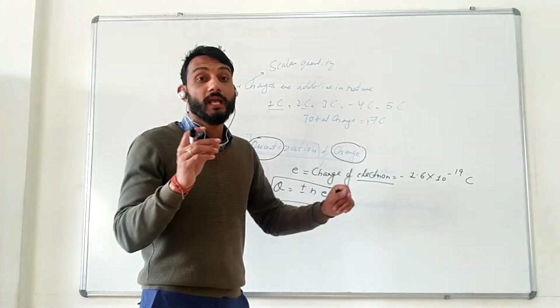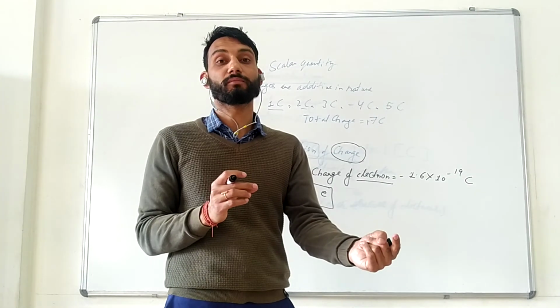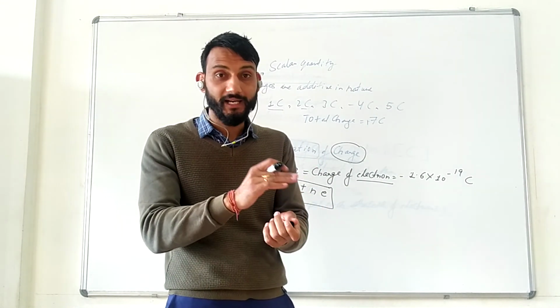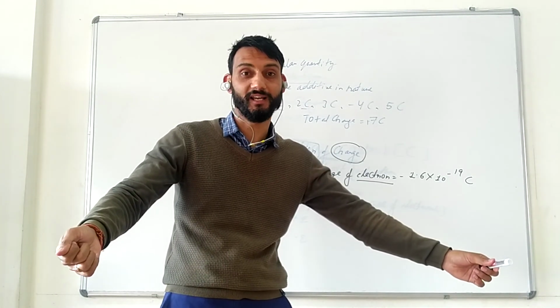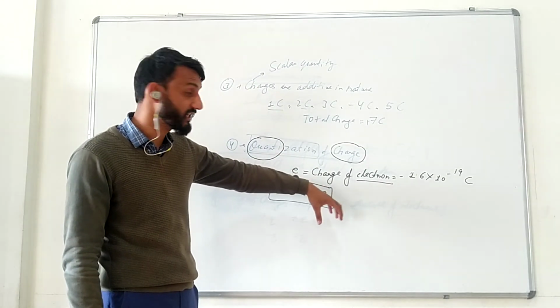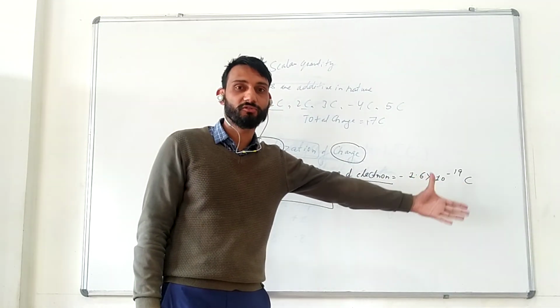The electron cannot be divided. It cannot happen that half of the electron remains in one body and half in the other. The whole electron gets transferred, carries away a charge of this much, and gives the same charge to the other body.